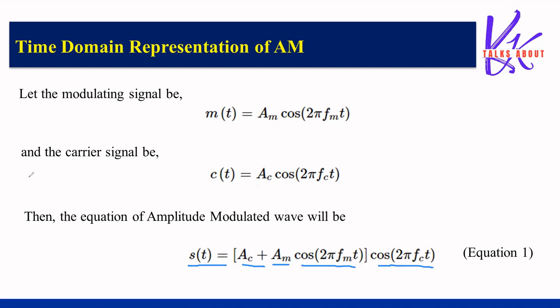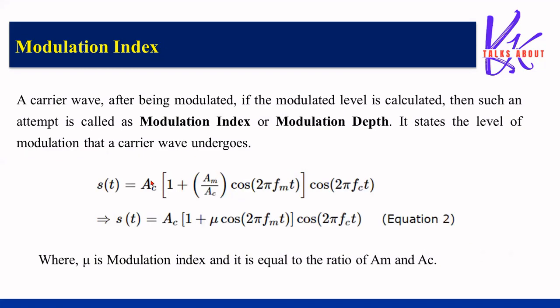This equation we can rearrange by taking the Ac as common. So we have taken the Ac as common and we have written it as 1 plus Am by Ac into cos 2 pi fmt into cos 2 pi fct, where your Am by Ac is what we call your modulation index, which is represented by mu.